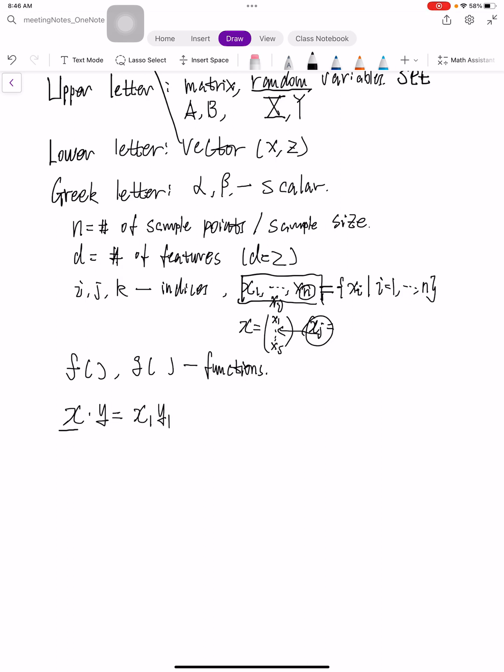Remember, x is a vector of D components, y is also a vector of D components. So the inner product is just component-wise, you multiply them together and sum, up to xD times yD. Another notation that can be used is x transpose y. So this means this.